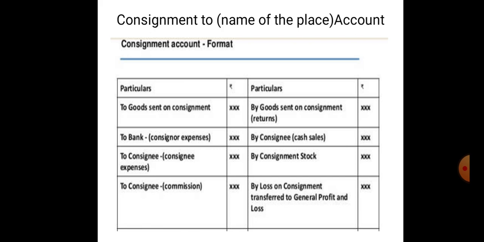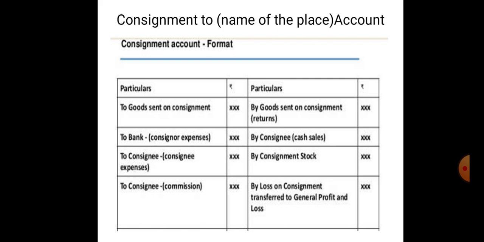Coming to the format of the consignment account, on the debit side you will give the goods sent on consignment at cost price, then the expenses incurred by the consignor and expenses incurred by the consignee, commission charged by the consignee, and any bad debts are also posted to the debit side.